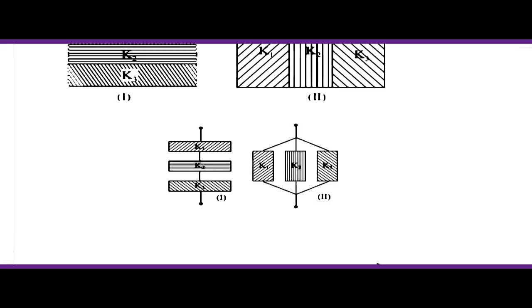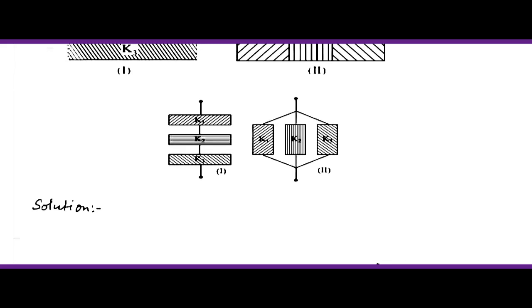As it is clear that C1 is series, now we'll proceed with the solution. If we consider figure 1, K1, K2, K3 are in series, so 1 upon C1 will be equal to 1 upon K1 epsilon naught A by d by 3.